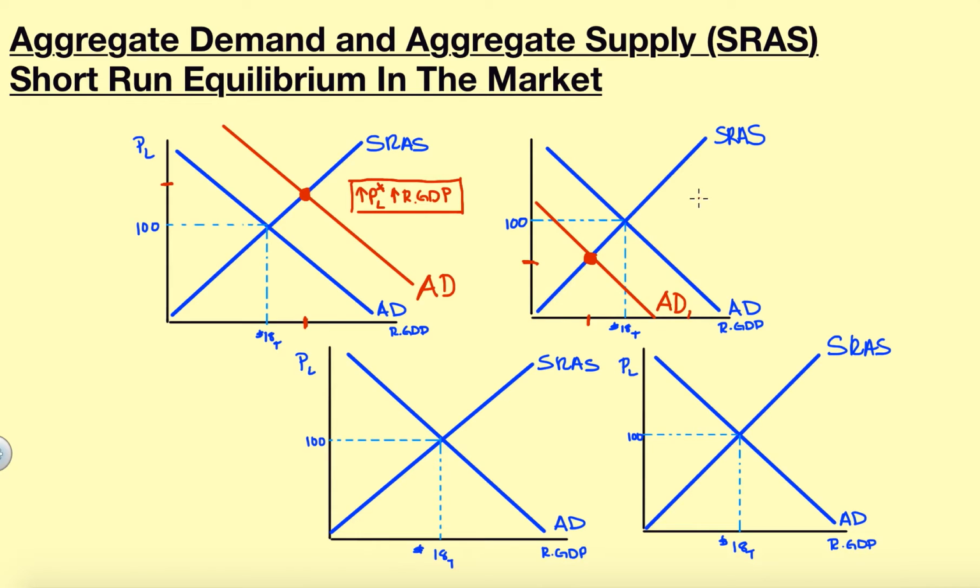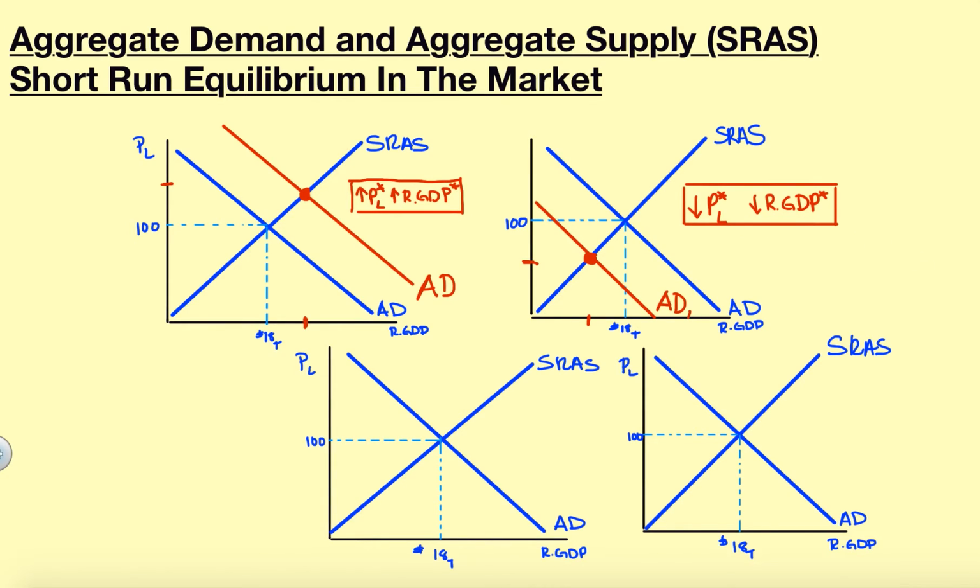So we do have a reduction in the price level, which a lot of people think is really good. However, deflation can be just as bad, if not worse, as inflation. So there's deflation, a reduction in the price level, and at the same time, there's a reduction in the amount of real GDP available. Okay, so both of these markets are, however, in equilibrium. So there's a reduction in the amount of GDP and a reduction in the price level.